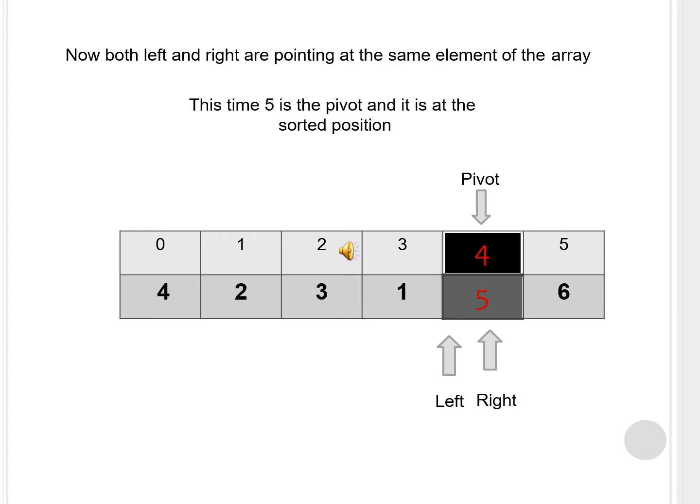Now both left and right are pointing at the same element of the array. So this time 5 is the pivot and it is at its sorted position. That is, all elements present toward the left half are smaller than 5 and all the elements present in the right half are greater than 5. So 5 is adjusted to its sorted position.